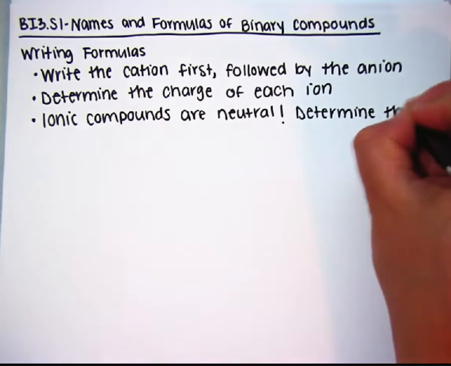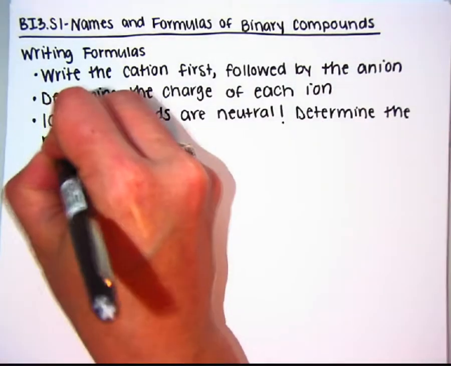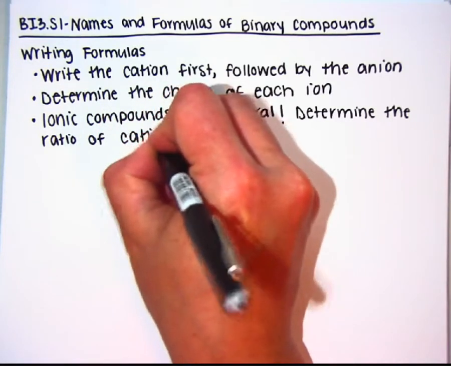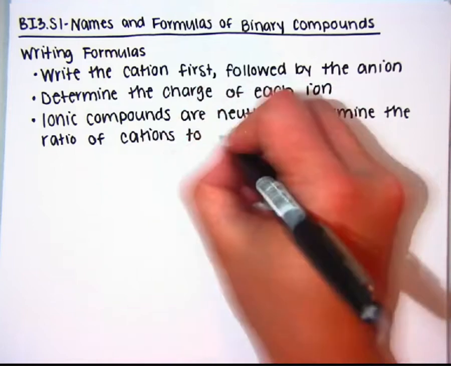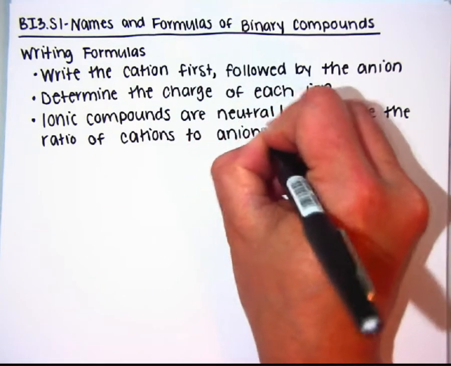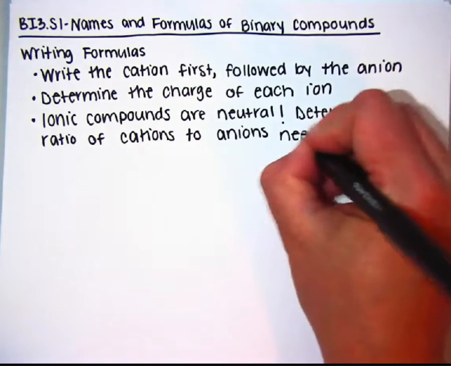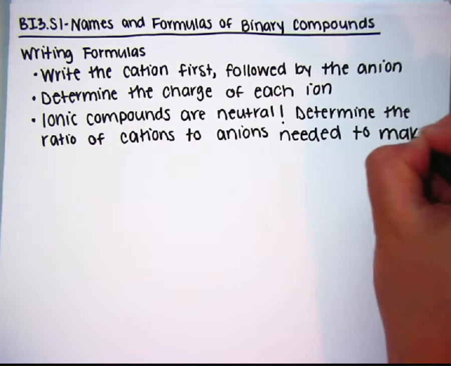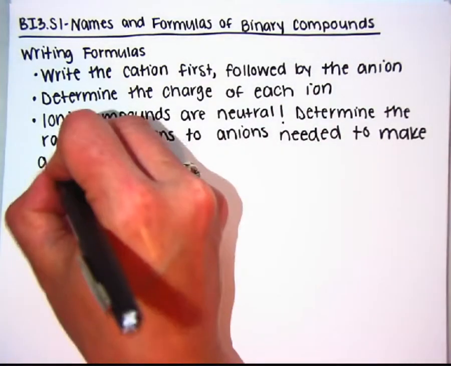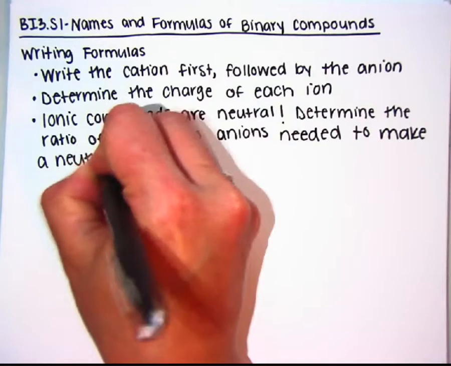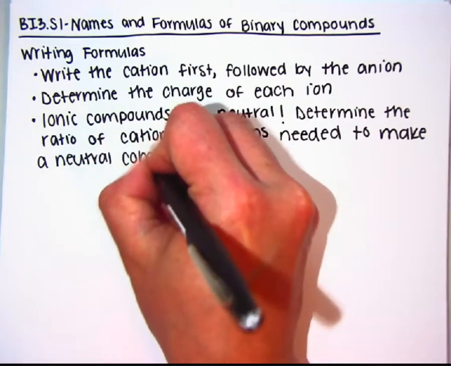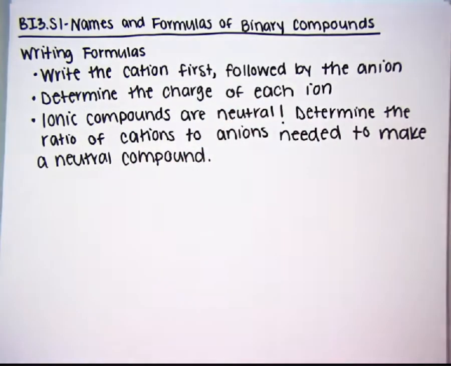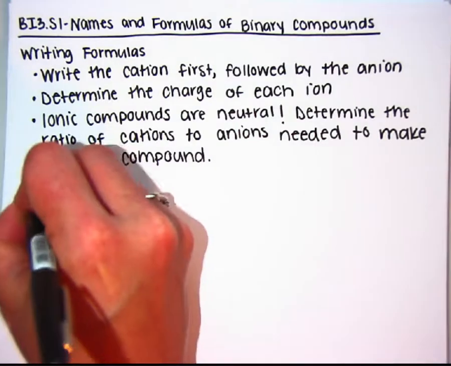We need to determine the ratio of cations to anions needed to make a neutral compound. Let's look at some examples.